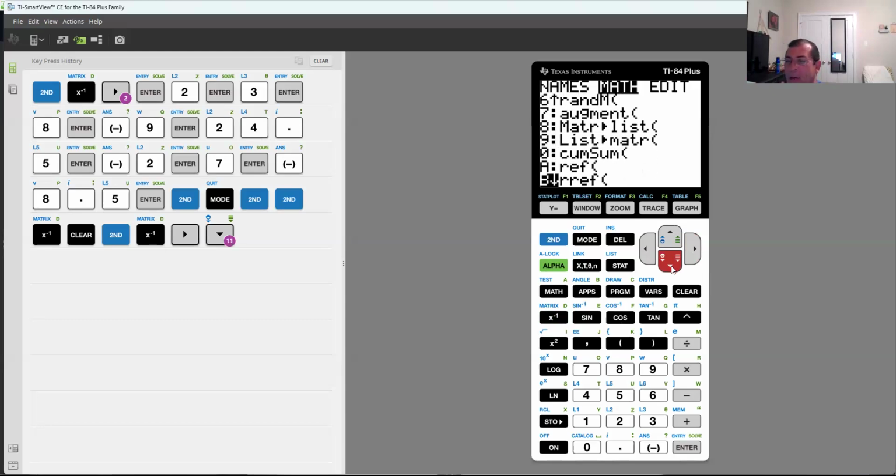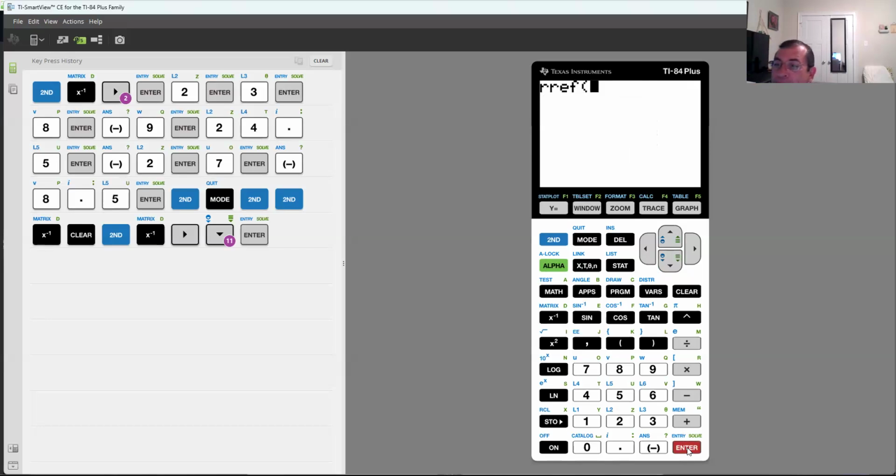On mine, it's B. Now be careful, there's a REF and a RREF. We want the RREF. This is reduced rows, okay? All right, so once RREF is highlighted, I'm going to hit enter, and that brings it on the screen.